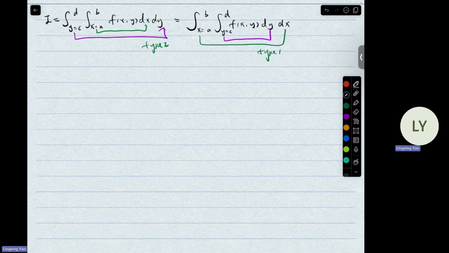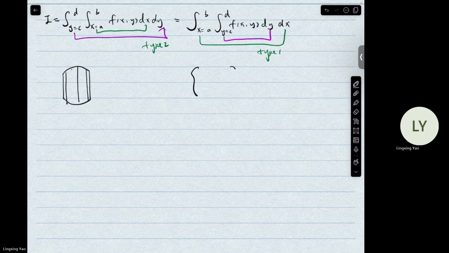A more general case is that we could deal with regions like this, or this.